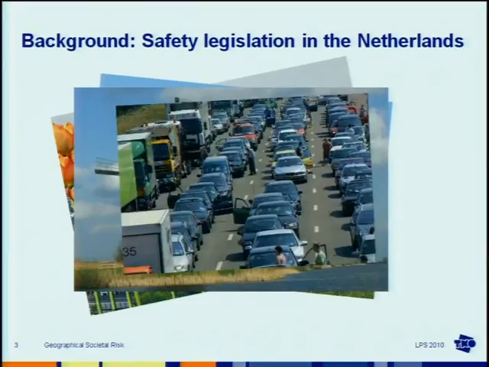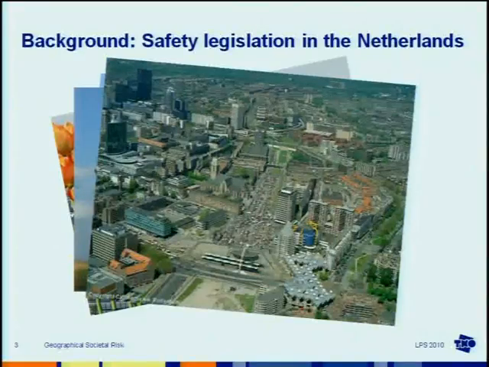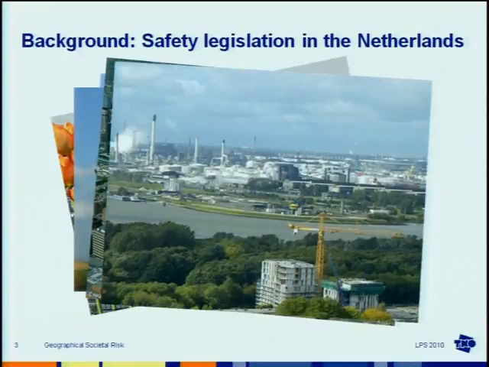So we have traffic jams, we have shortage of housing, we have crowded areas, and you can imagine we have a lot of industry in this western side of the country as well. And this industry is really very close to the population.